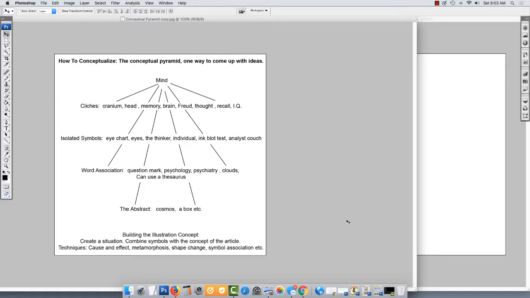What I've developed is this silly little chart called the Conceptual Pyramid, and as an illustrator, my entire job has been using other people's writings to come up with an illustration that somehow is entertaining enough for the readers to read the story after they see my illustration.